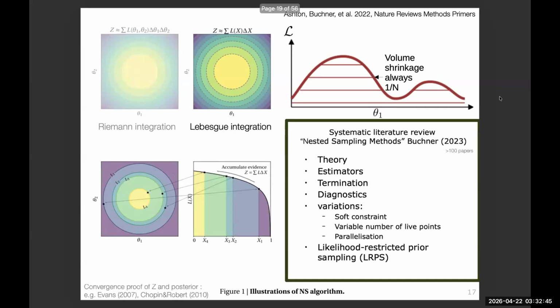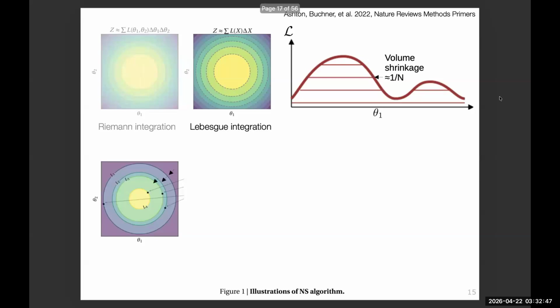Then we remove the point with the worst fit, the one with the lowest likelihood, and we sample a new point from the entire prior, but we're not going to accept fits that are worse. Okay, so what we're doing then is we rejuvenate this live point population, but we are not considering this dark purple region anymore. We've excluded some space.